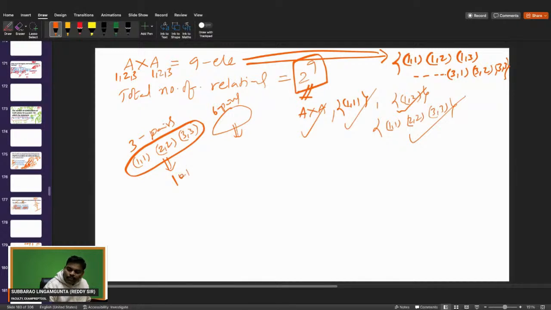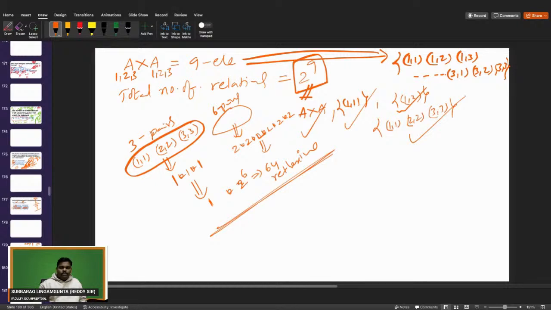So for the 3 it is 1 each, but for the 6 pairs, every one has 2 choices, so it is 6 times. It will become 2 power 6, which is 64. 64 reflexive relations.